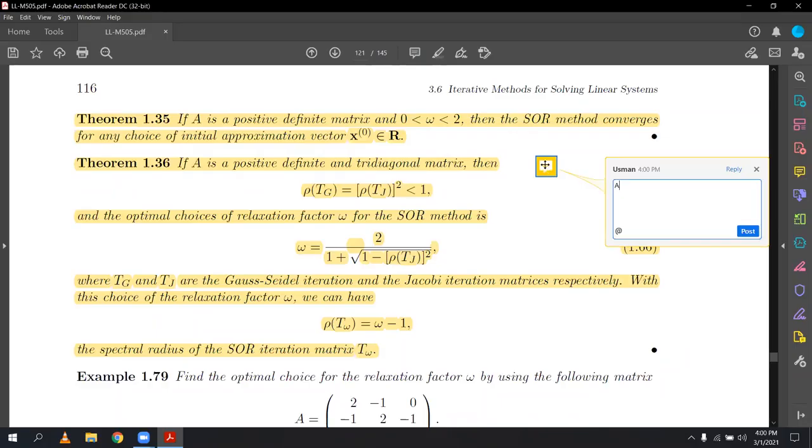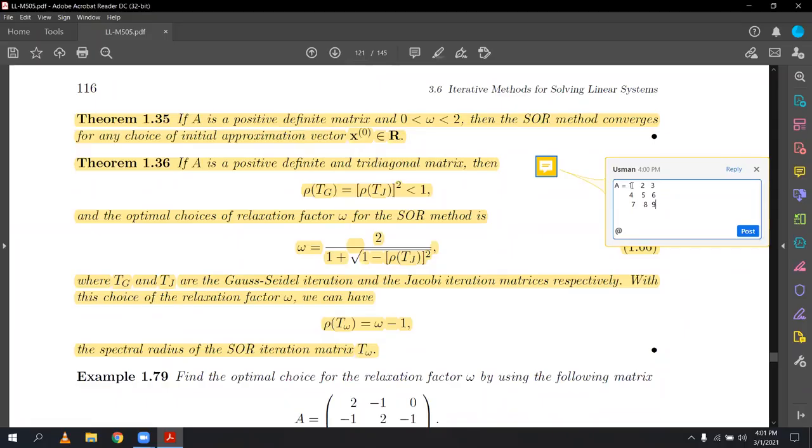You will have A equal to, let's say, 1, 2, 3, and then we have 4, 5, 6, 7, 8, and 9. This is your simple matrix here.